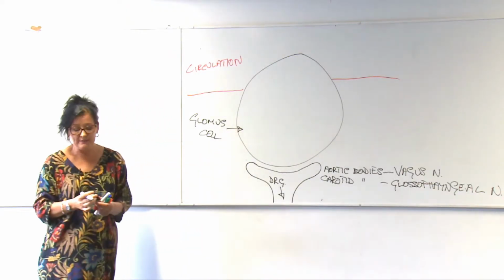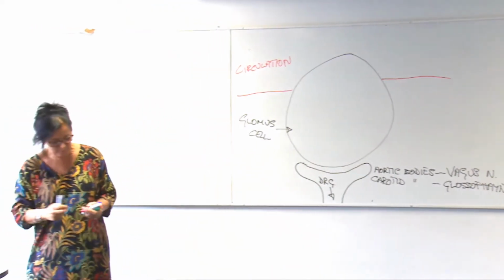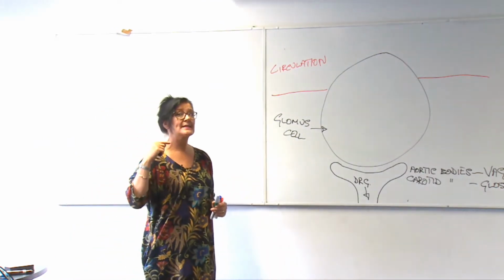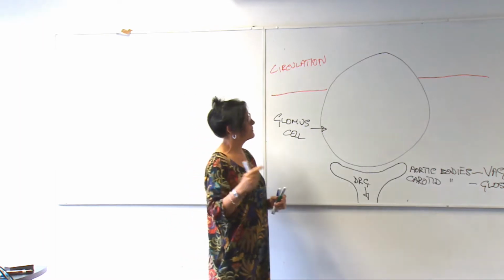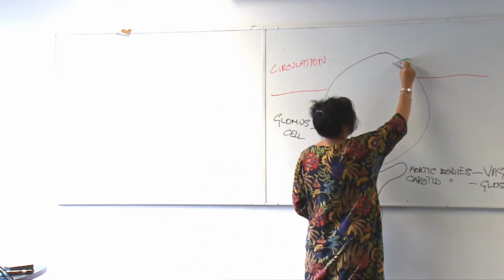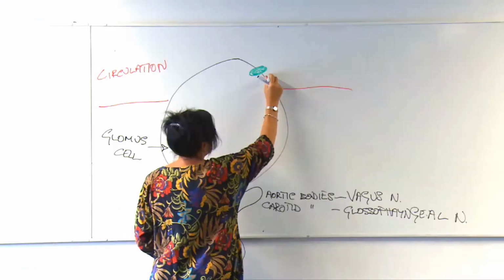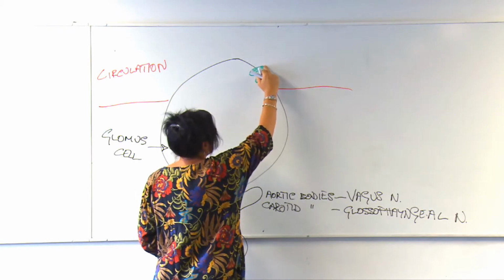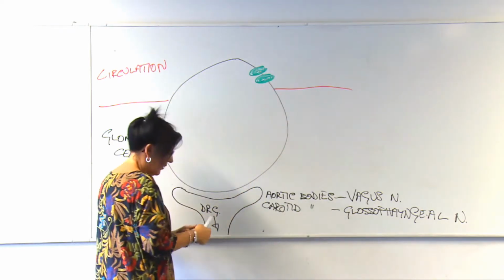Okay, glomus cells have potassium channels. Now these are oxygen sensitive potassium channels. So they sit in contact with the circulation and they bind oxygen.